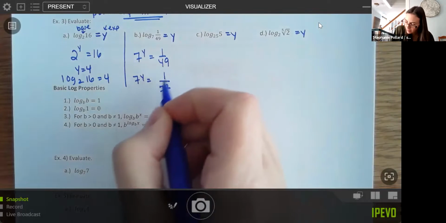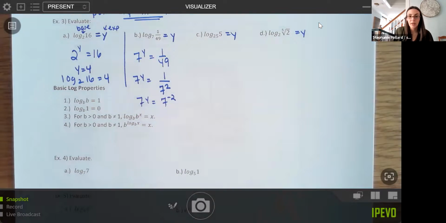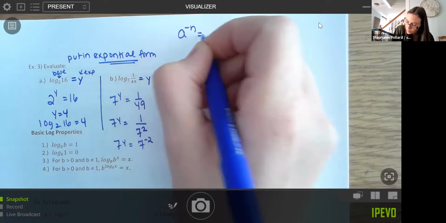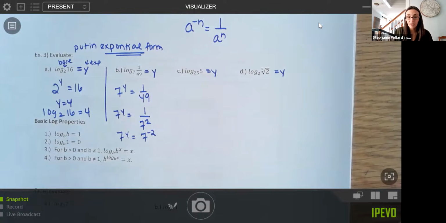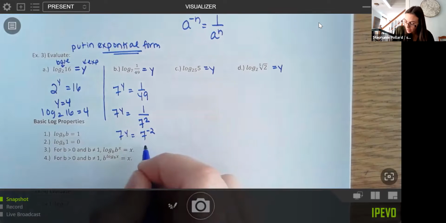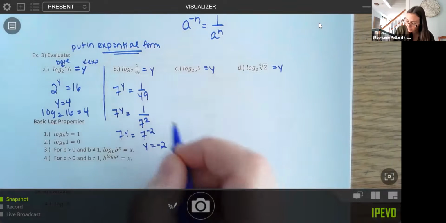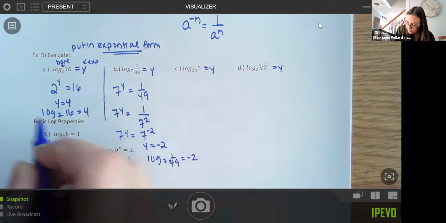So this is the same thing as having 7 to the negative 2 power. So again, remember that if you have something like a to the negative n, that's the same thing as 1 over a to the n. So we can use negative exponents to write our fractions. So here what happens is that y is negative 2 in this case. So we get that, I'm running out of room here, log base 7 of 1 over 49 is equal to negative 2.